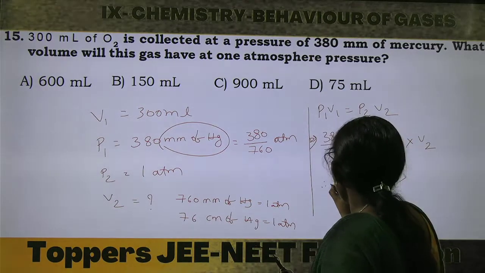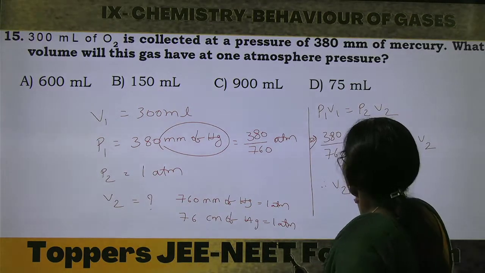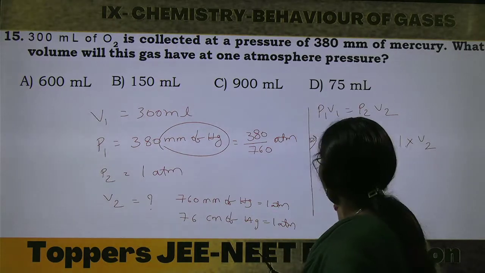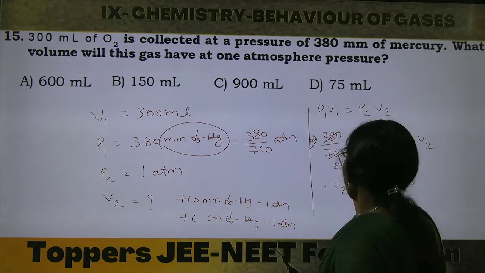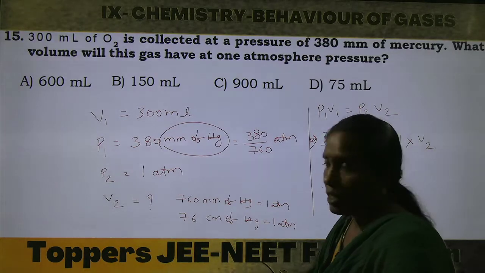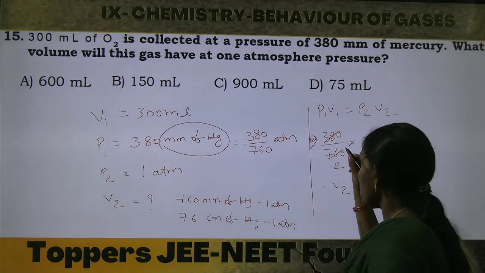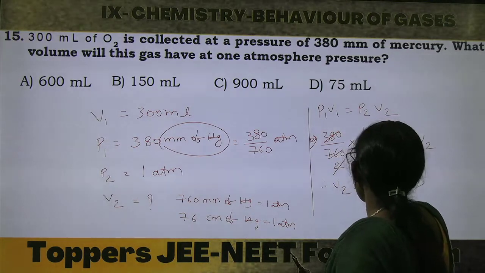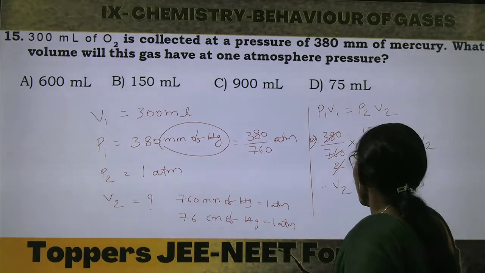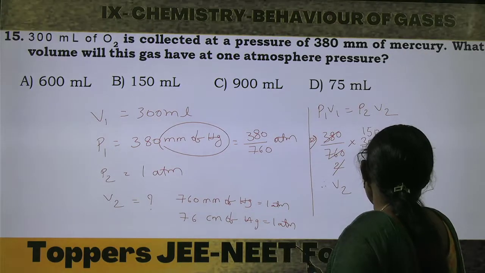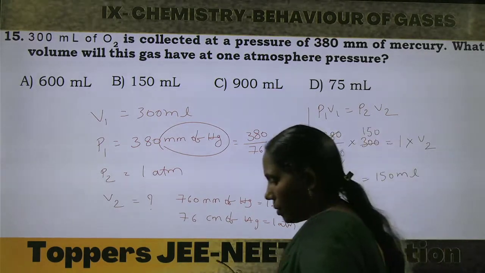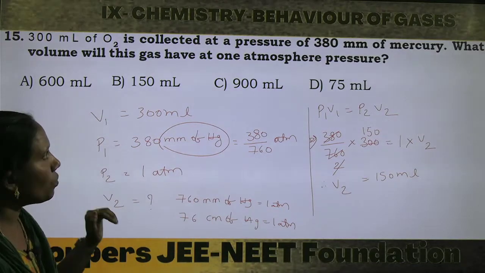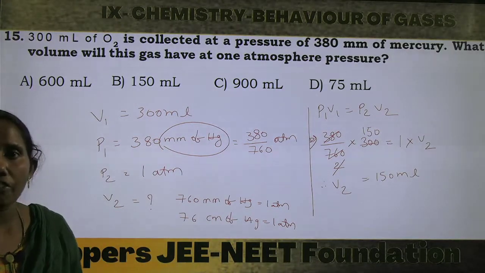We want V2. If you take 380 by 2 times, that will be 760. So if you cancel 380 by 760, you get 1 by 2. Again with this 2, you cancel 300 to get 150. So V2 equals 150 ml. We have found the new volume, that is 150 ml.